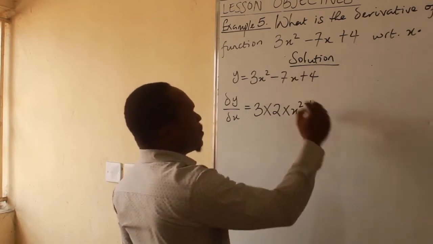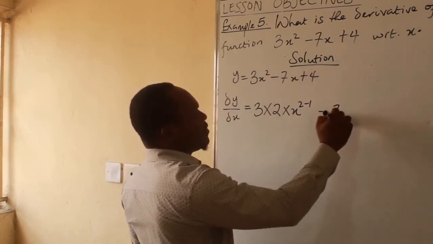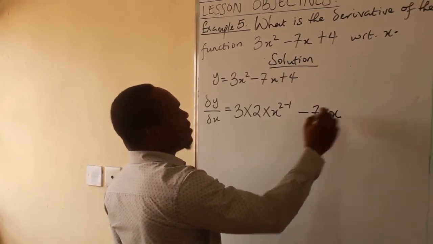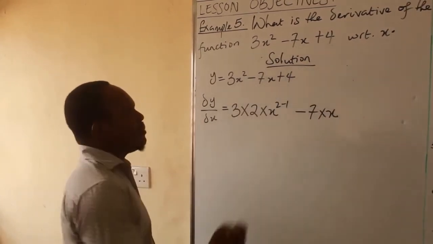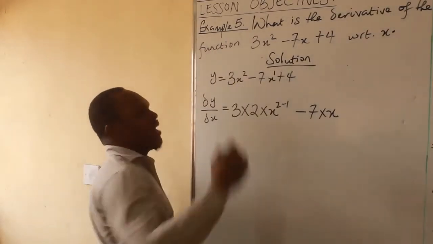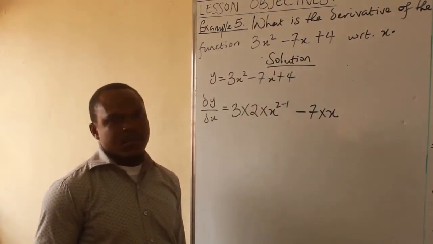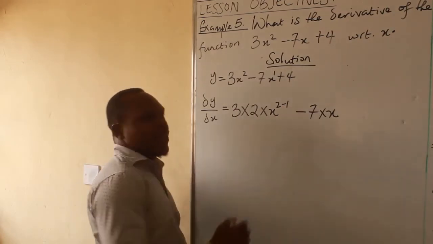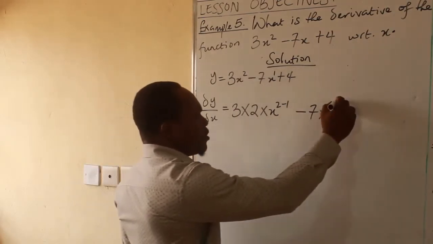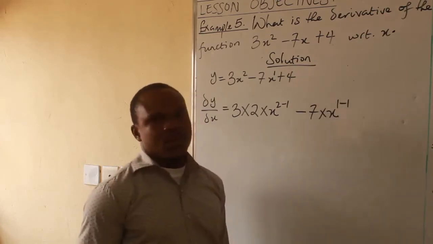Okay, we have minus 7 multiplied by x. Now if you observe here, when we have minus 7x, the power of x here is 1. If the power of x here is 1, then applying n minus 1, we have 1 minus 1.